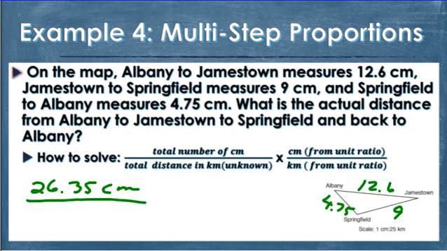We don't know the total distance in kilometers, so I'm just going to put an X here, kilometers. But we know that the ratio is 1 centimeter over 25 kilometers.